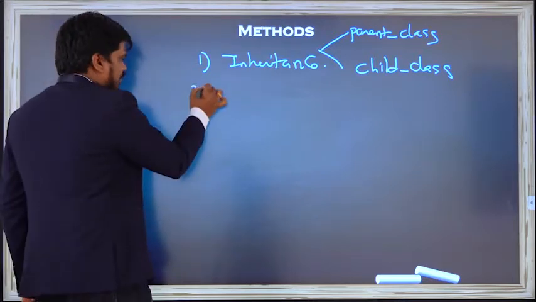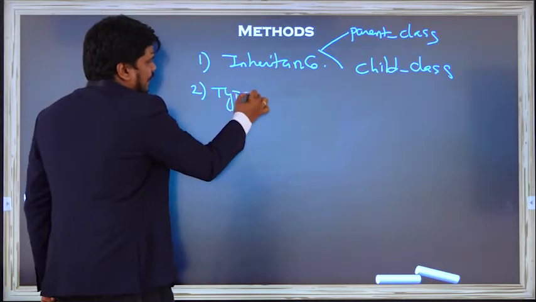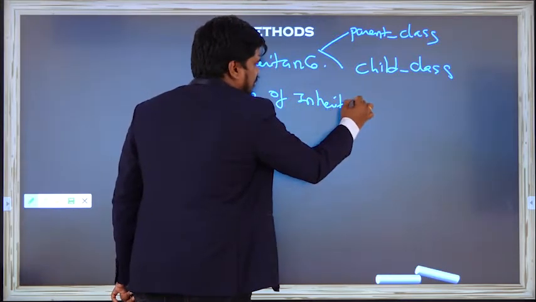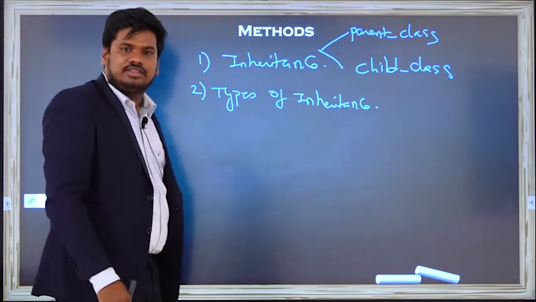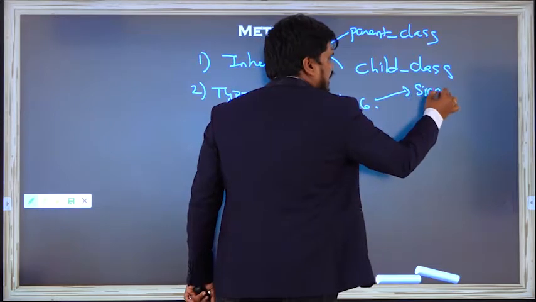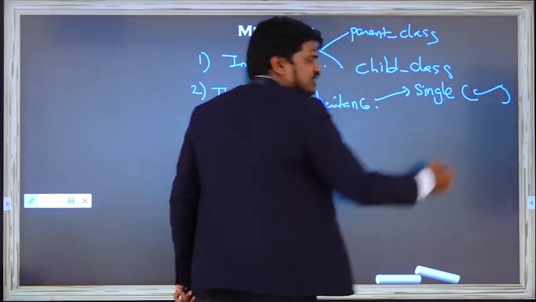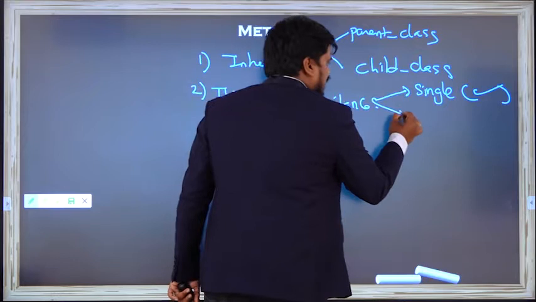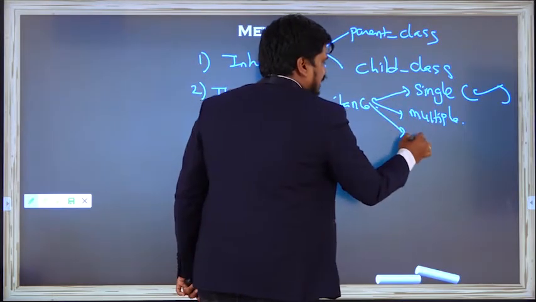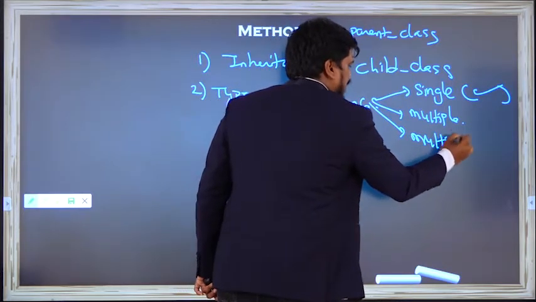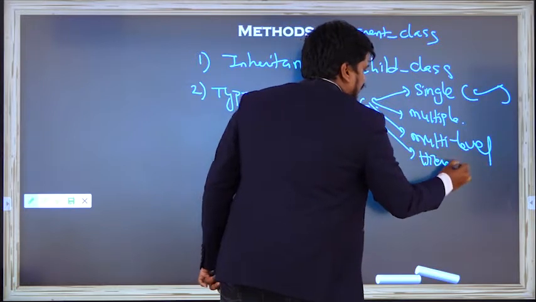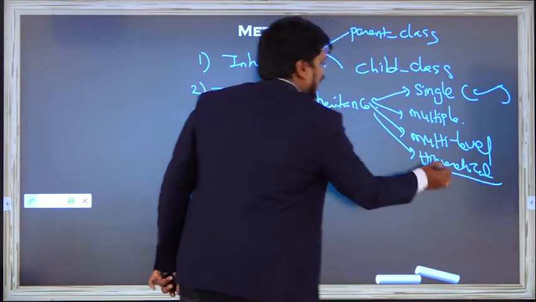And coming to the second one, we have learned about the types of inheritances. The first one is single, which we have already learnt just now. The second one is multiple. We have learned about this. Next one is multi-level, and next one is hierarchical. This is the thing we have learned.